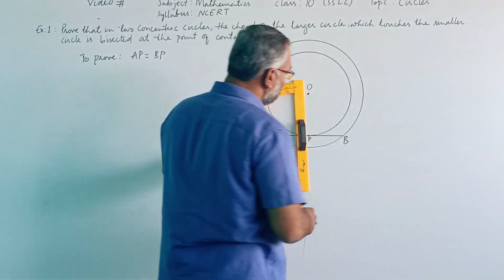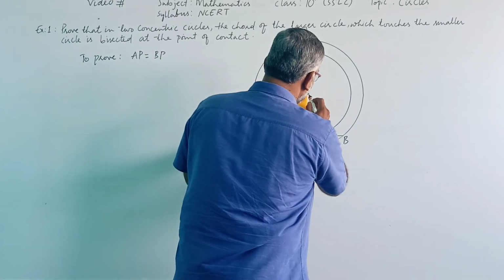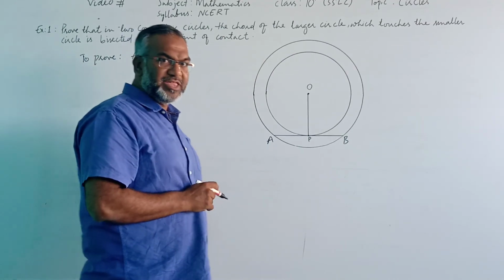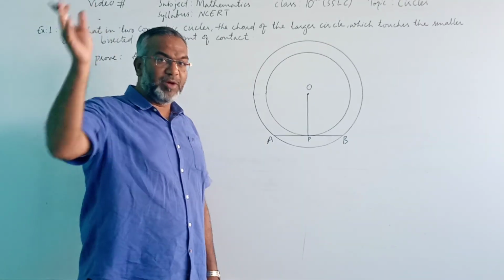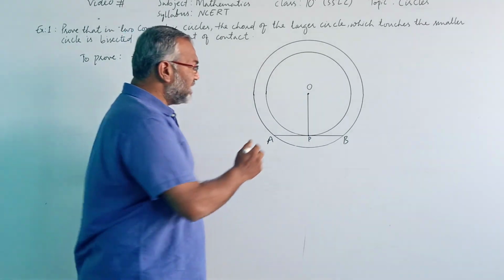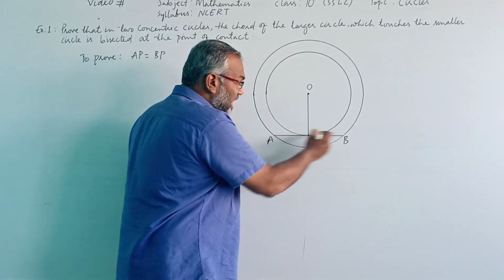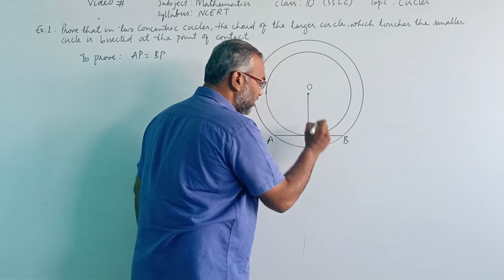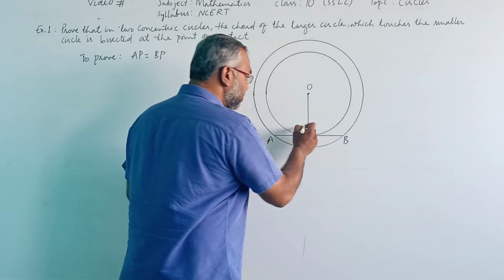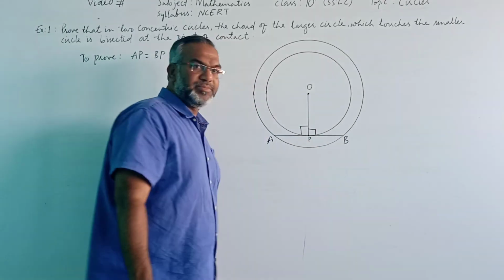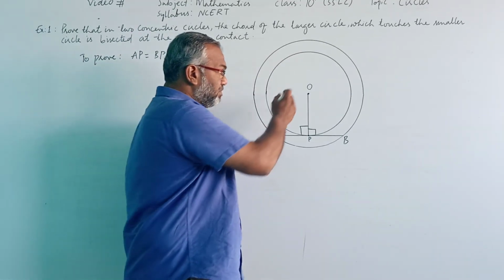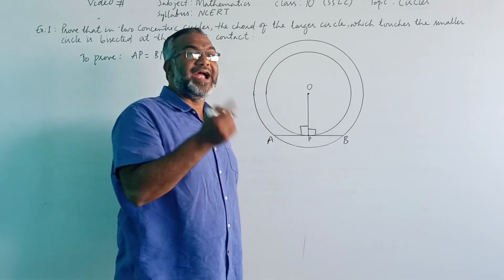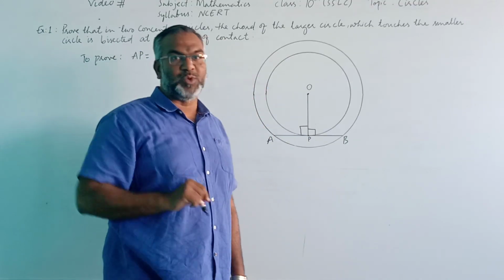We join OP. OP is a radius. And we all know from theorem 4.1 that the angle between the tangent and the radius at the point of contact is always 90 degrees. We have 90 degrees here. Radius and tangent are perpendicular to each other at the point of contact, theorem 4.1.